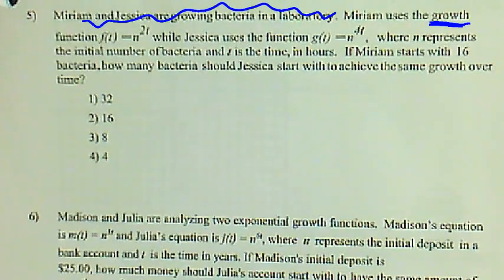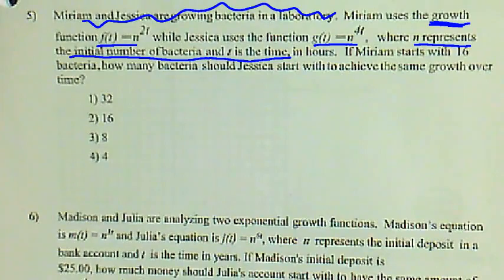So n represents the initial number of bacteria at time t. Miriam starts with 16 bacteria. Okay, so we want to figure out how many bacteria should Jessica start with to achieve the same growth over time.